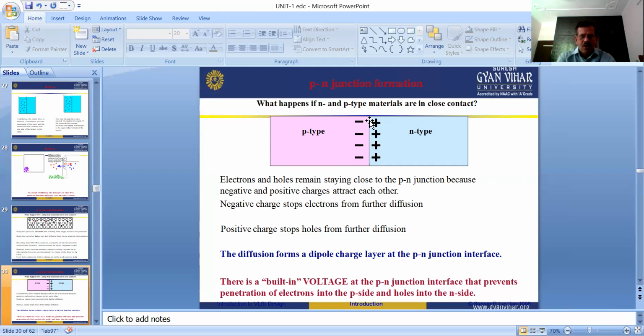Negative charge stops electrons from further diffusion, and positive charge stops holes from further diffusion. This is the process across the junction. The diffusion forms a dipole charge layer at the P-N junction interface.